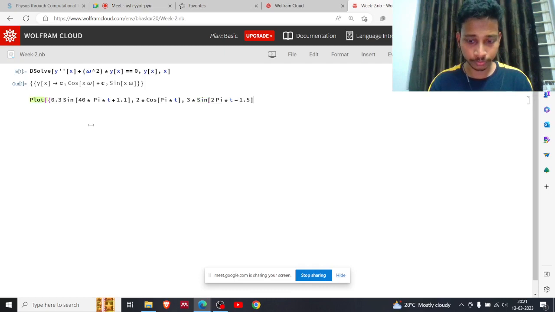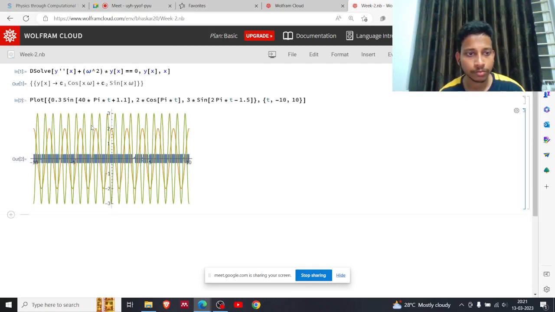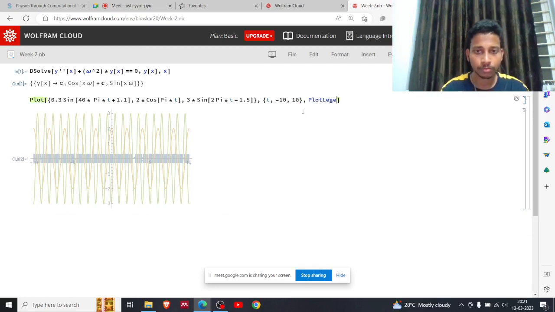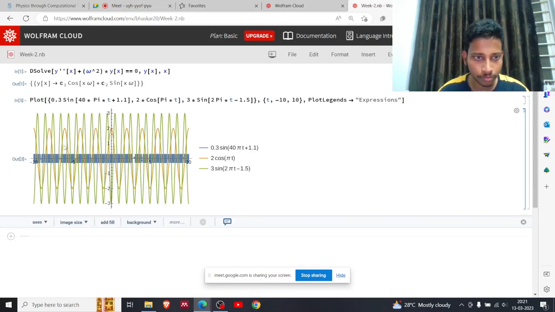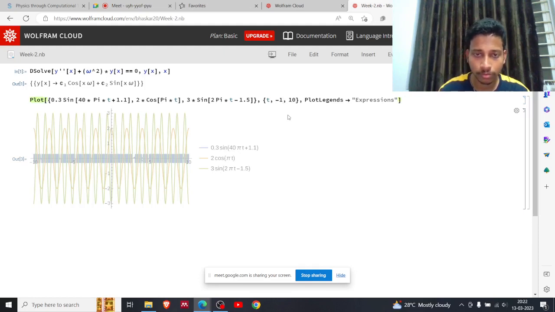The range minus 10 to 10 is very big for these three motions.